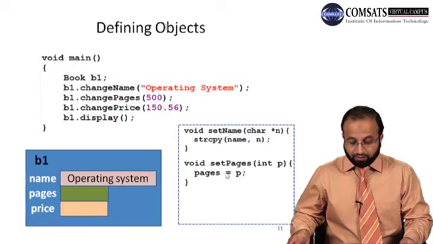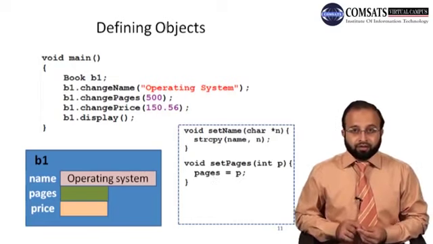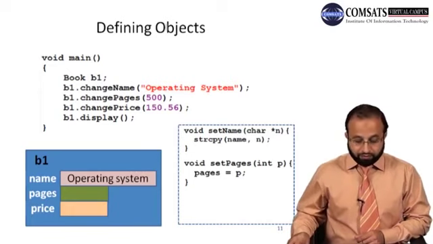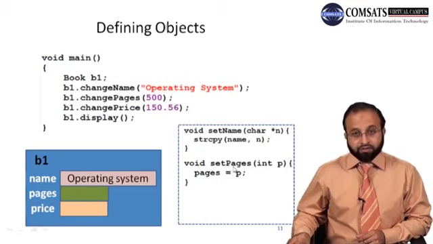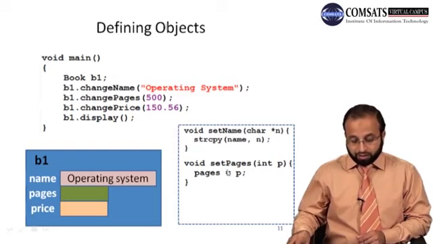So 500 is assigned to pages, and pages is the private data member of the object of the book class. So we have to check what pages you are accessing here inside this set pages function. So this set pages function and set name function are inside the definition of the class. I am just showing it here to tell you how values are being assigned.